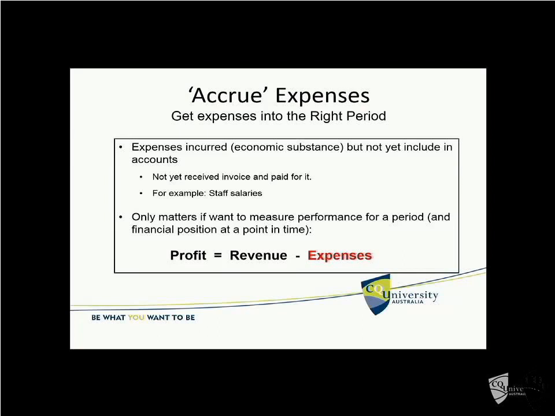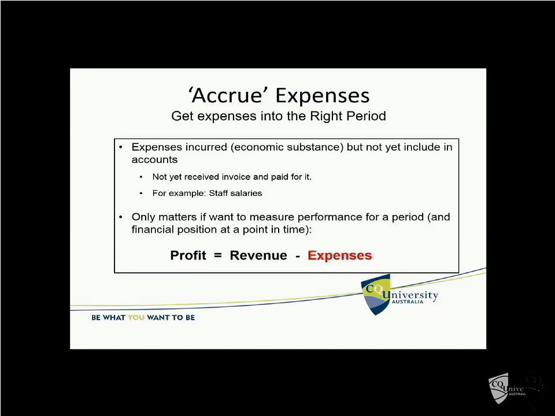Now, the fact that we pay something like salaries or other expenses in arrears means the cash and the expenses go into our accounts here, but it's incurred over a couple of weeks before that. That doesn't matter, obviously, as that'll all wash out as we go along, but it does matter if we want to measure performance for a period and the financial position at a point in time if that overlaps the balance date.